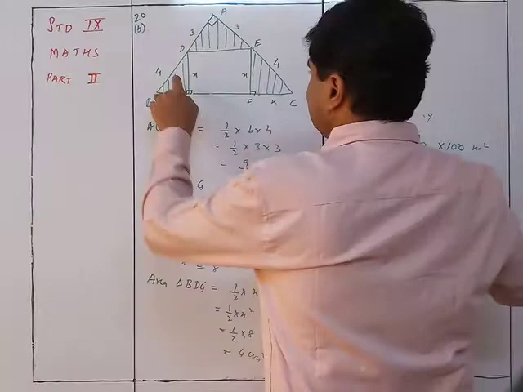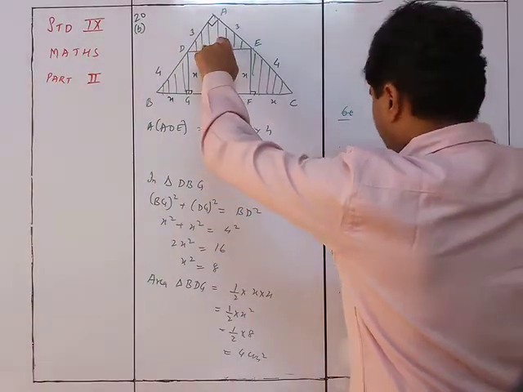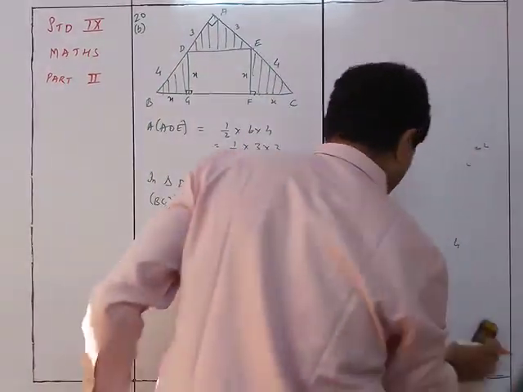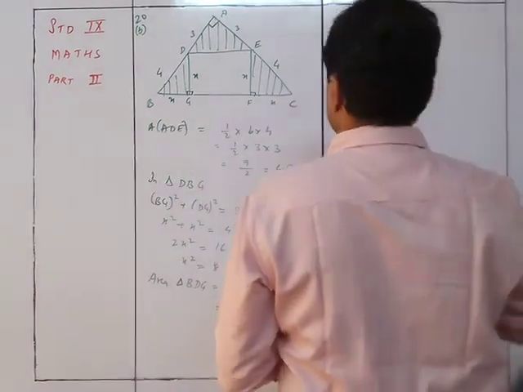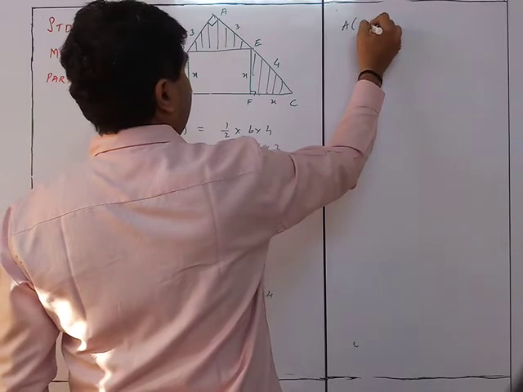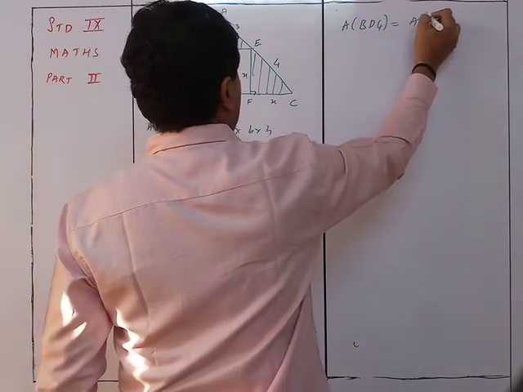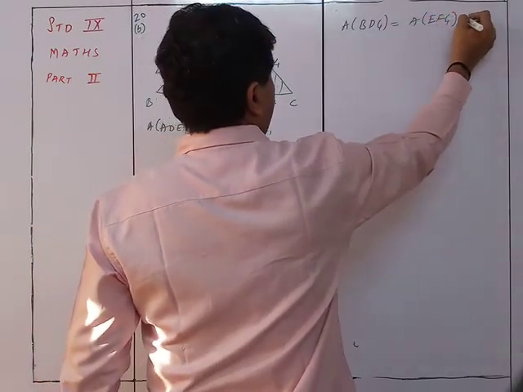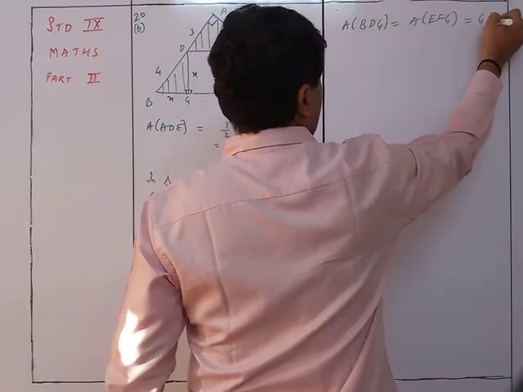So now I know that this is 4, this is 4.5 and this is also going to be 4. We see over here that area BDG is equal to area EFG is equal to 4 centimeter square.